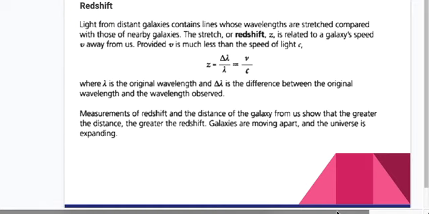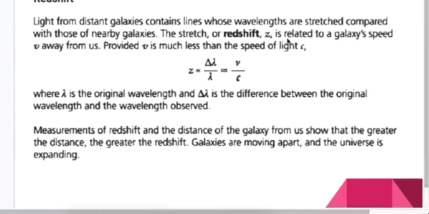Students who are familiar with the Doppler effect will find the redshift kind of similar. Light from distant galaxies contains lines whose wavelengths are stretched compared with those of nearby galaxies. The stretch, or redshift, which is represented by the letter z, is related to a galaxy's speed v away from us, provided v is much less than the speed of light.